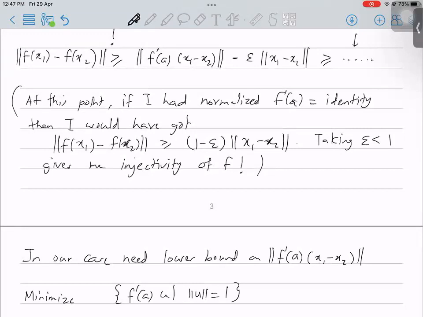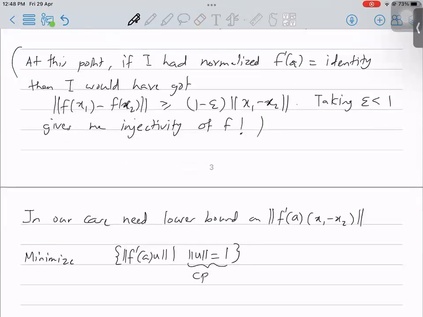Sorry, let's also just put the norm over here. So minimize this. So this is compact, right? And this is a continuous function of u. So I have the minimum. So minimize this. So let's say the minimum is equal to m.